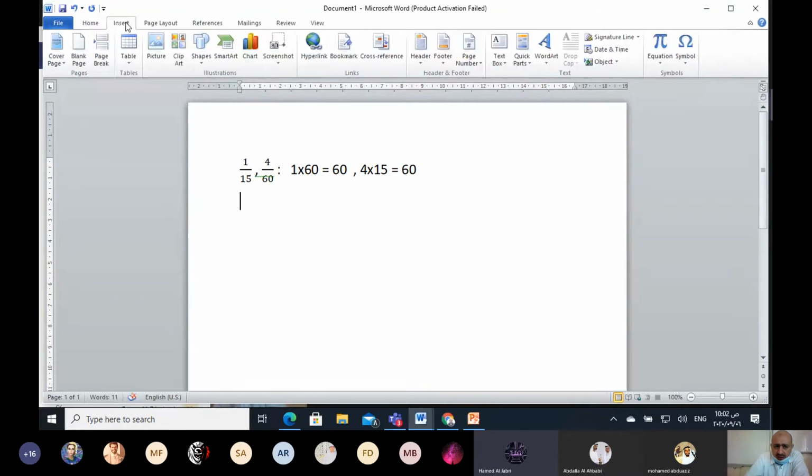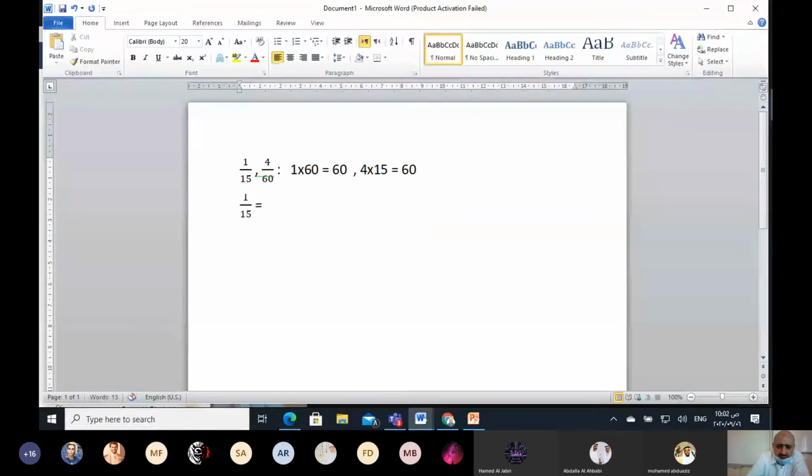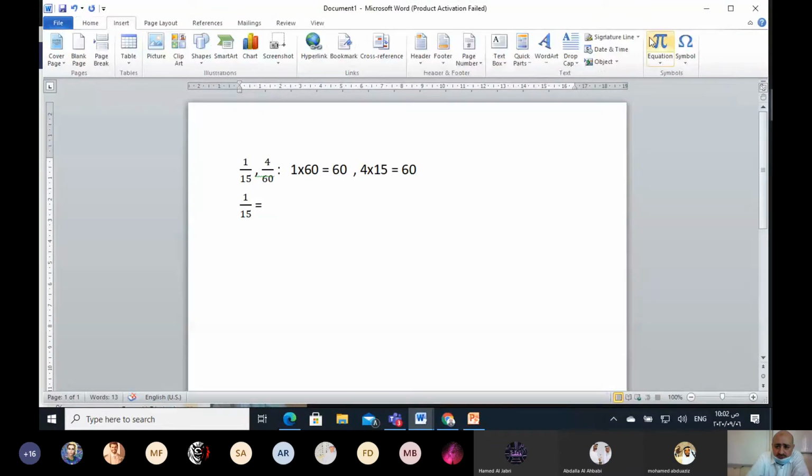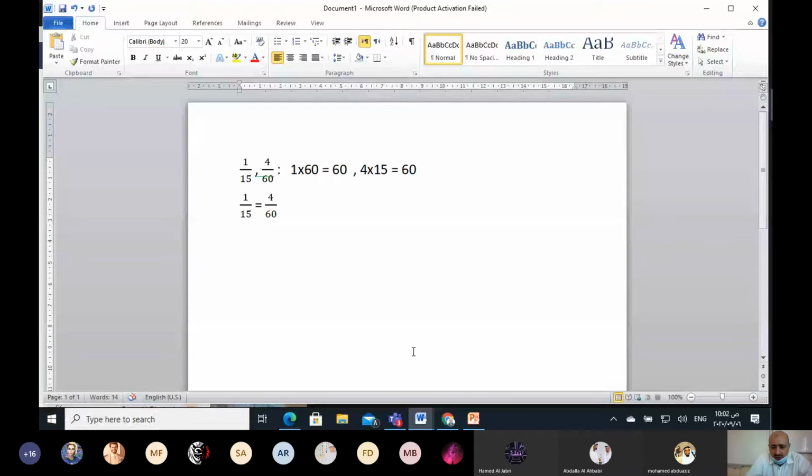Okay. So we can write now 1 over 15 equals 4 over 60. So that means this relationship is proportional or not proportional?